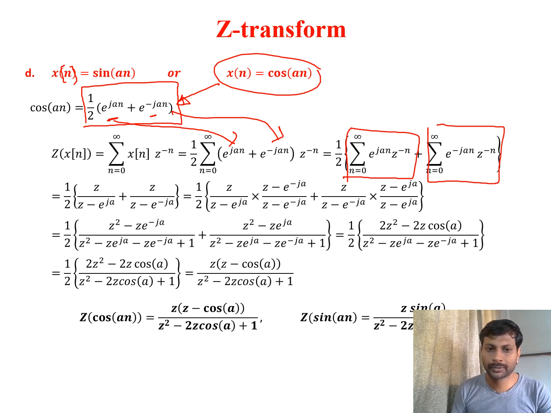The transform of this term is given by z by z minus e to the power j a, and for the second term we have z by z minus e to the power minus j a.